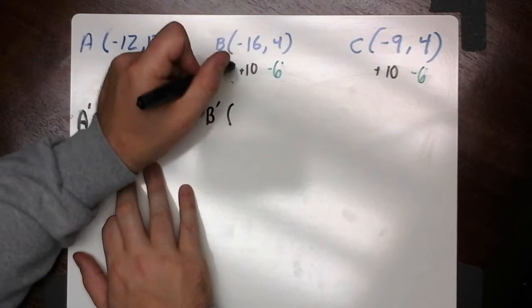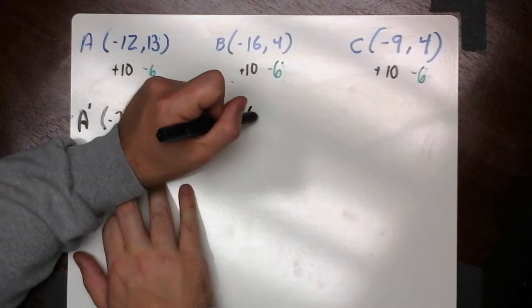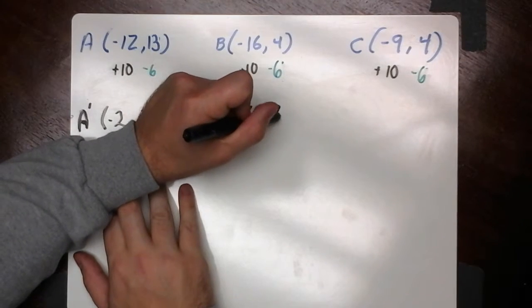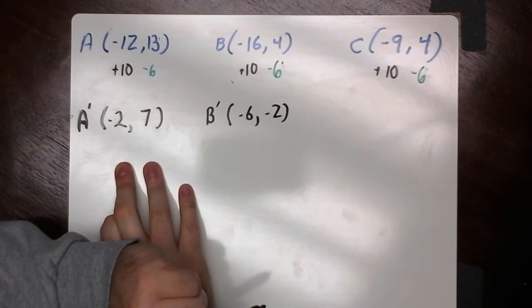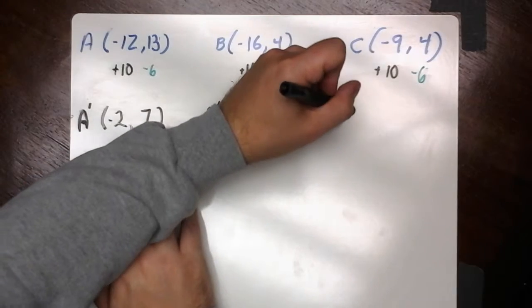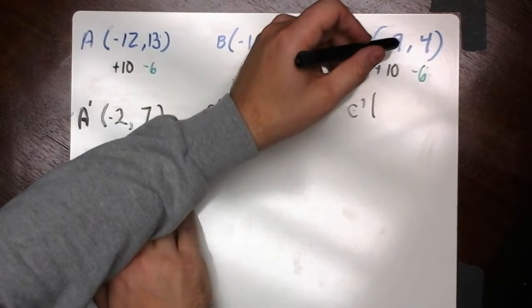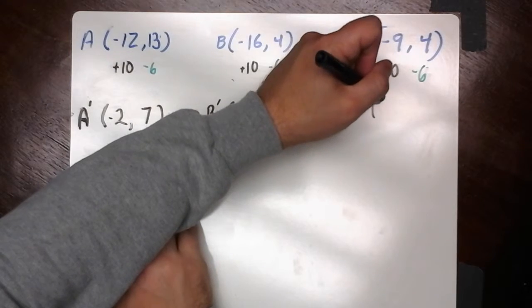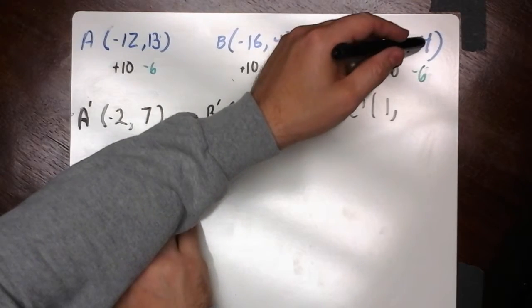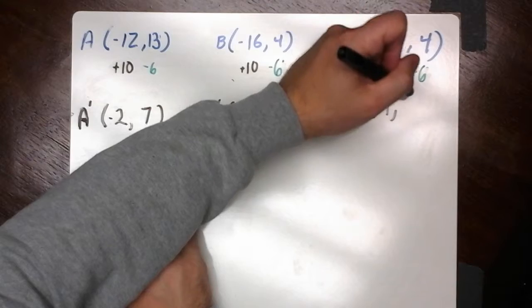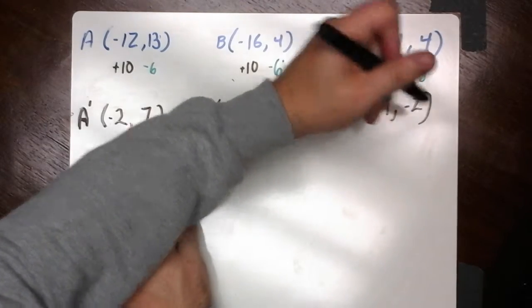I'm going to add 10 to my x coordinate and subtract 6. I'm going to do that with c prime. Add 10 to my x coordinate and subtract 6 from my y. Okay.